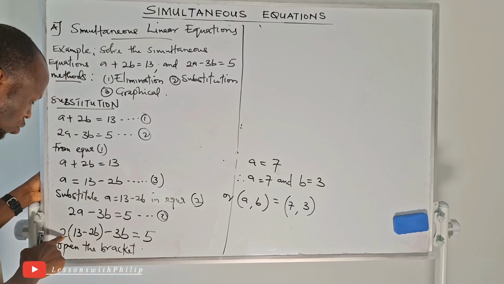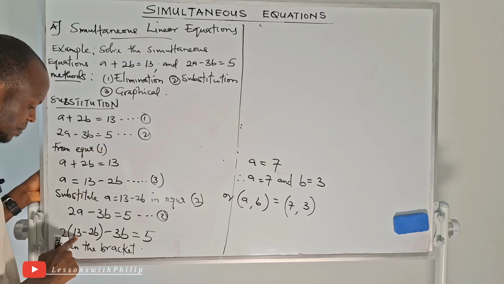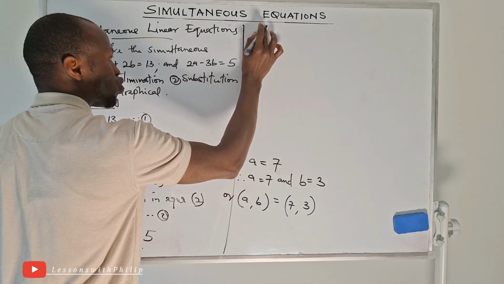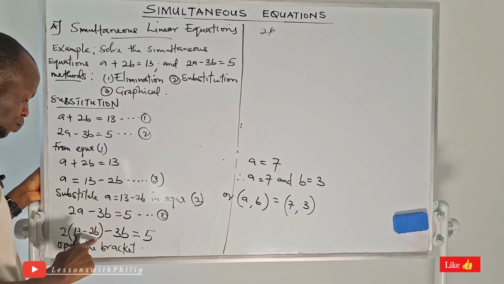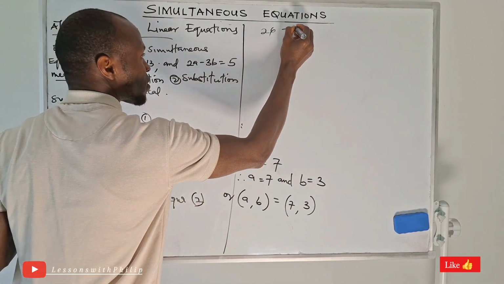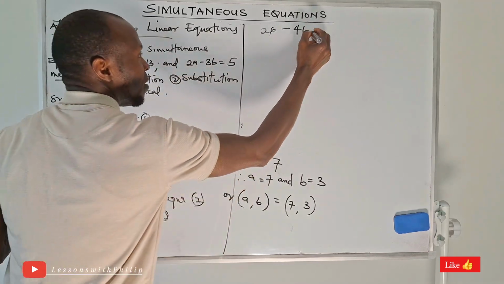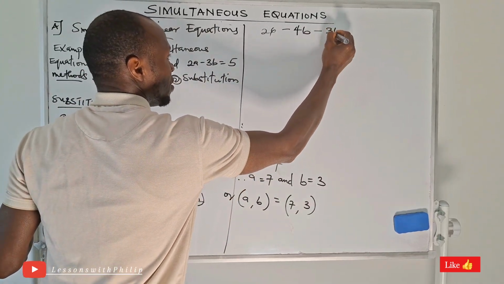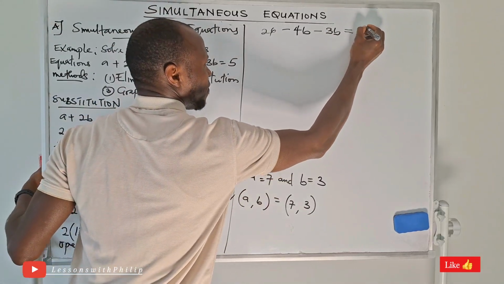If you open the bracket, we only have one bracket. That shows your 2 is multiplied through all we have in the bracket. That shows 2 times 13 will be what? 26. 2 times minus 2b will give us minus 4b. Minus 3b equals 5.